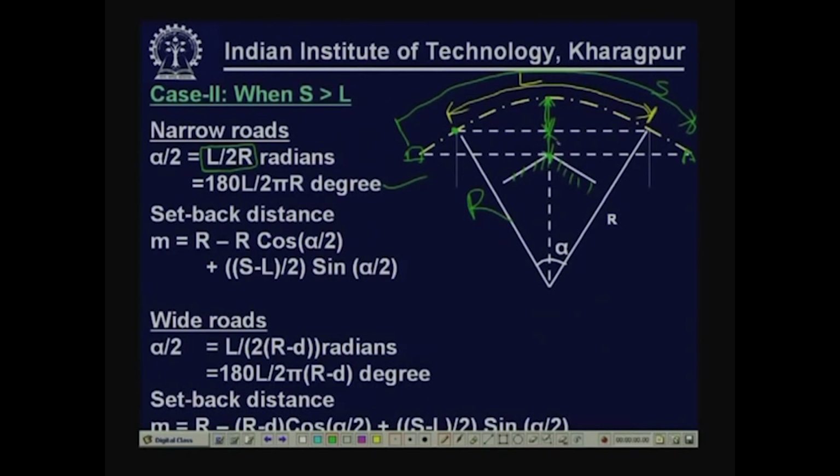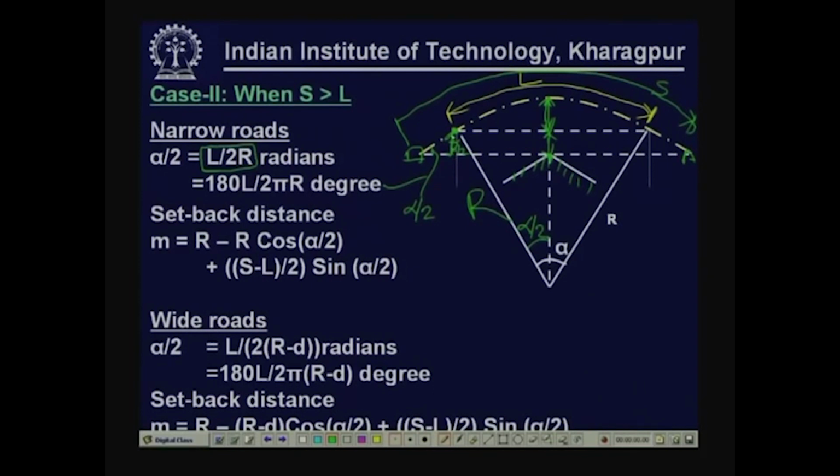So, this additional distance is also to be considered. Now, this additional distance is equal to this distance. Now, what is this distance? How we can calculate it? See, if this angle is alpha by 2, then this angle is also alpha by 2, and this angle is also alpha by 2. So, what is this distance then?